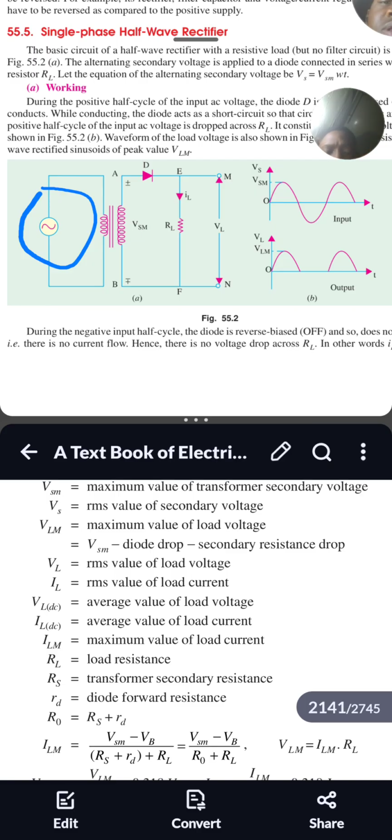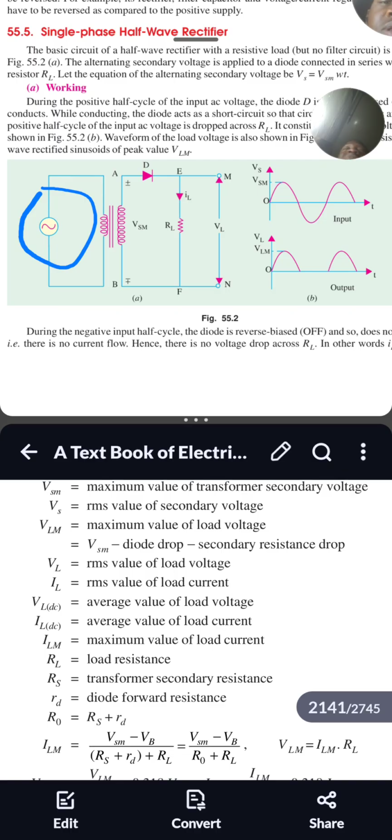Now the RMS value of load current. Remember, this VRMS, you are going to multiply it by root 2 to get your VSM. Remember that for this VSM, you will not subtract the diode drop unless you are told that it is silicon.